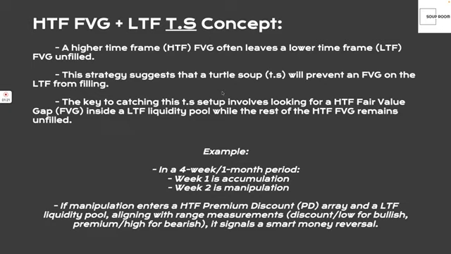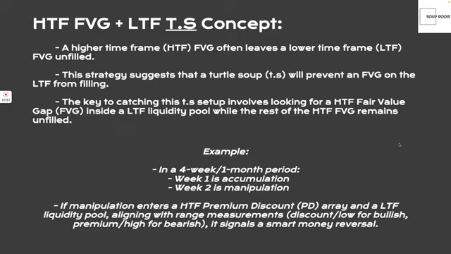The key to catching this turtle soup setup involves looking for a higher time frame fair value gap inside a lower time frame liquidity pool, while the rest of the higher time frame fair value gap remains unfilled. Example, in a 4-week, 1-month period, week 1 is accumulation and week 2 is manipulation.